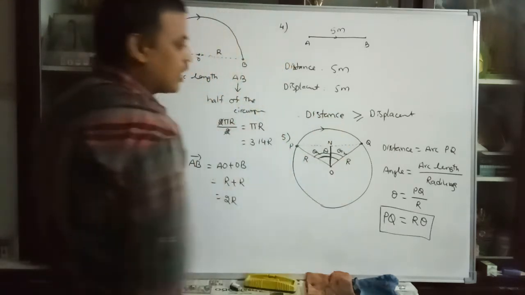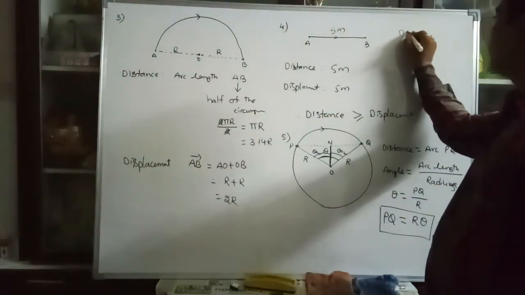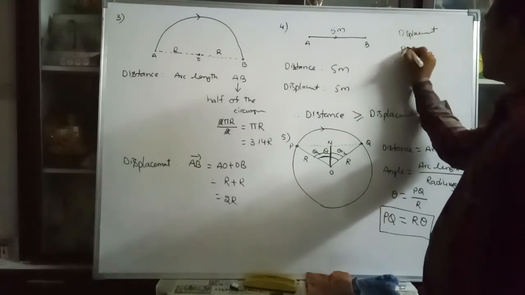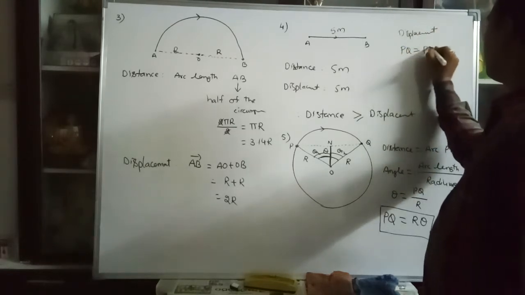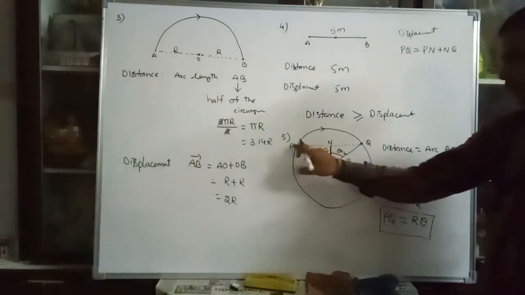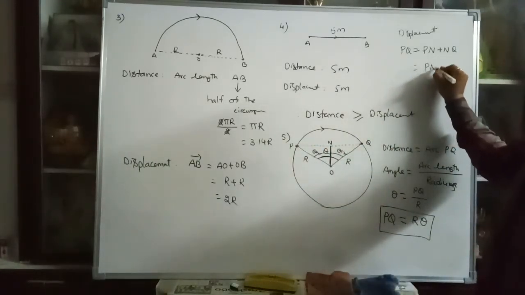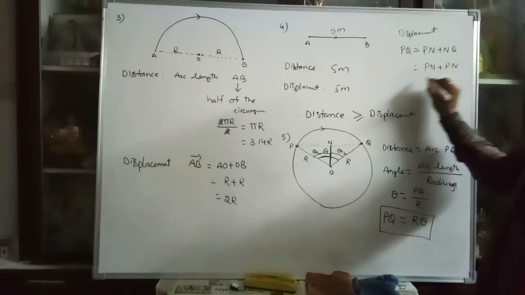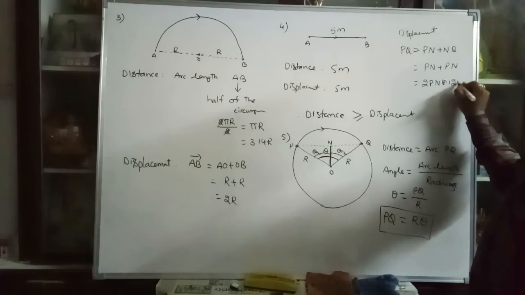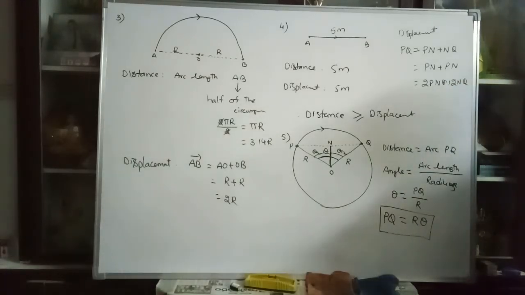This point can be taken as N. According to the diagram, displacement PQ can be written as PN plus NQ. According to the perpendicular, PN must be equal to NQ. So I am writing PN plus PN, nothing but 2 times PN, otherwise 2 times NQ. So you can calculate either the NQ value or the PN value.